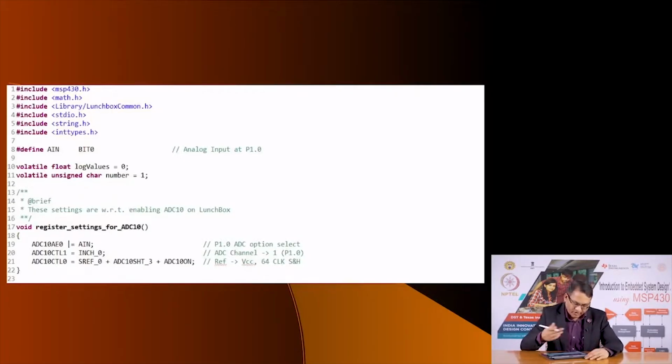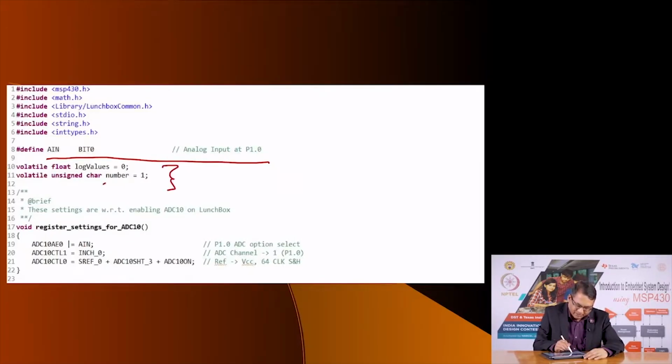And so, here what we are doing is we are defining that we have a potentiometer connected to bit 0, that is P 1.0. We have declared two volatile variables, one which will maintain the log of the value and the other which is a number which has been initialized to 1.